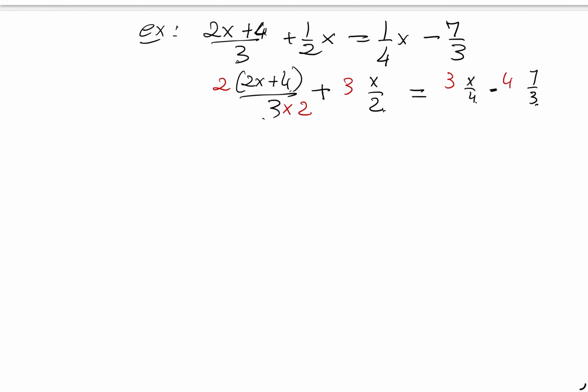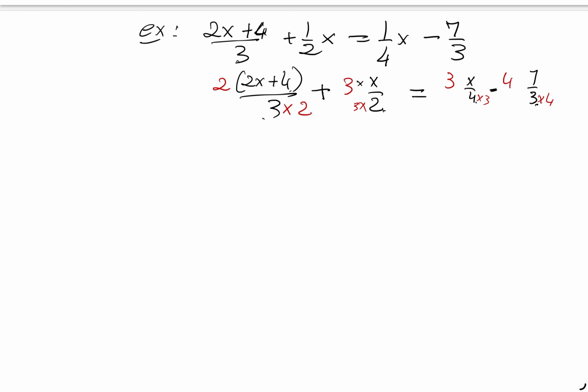You multiply the top and the bottom by 3, by 4 here. And here is 3, here is 4. Okay, you have this one now.